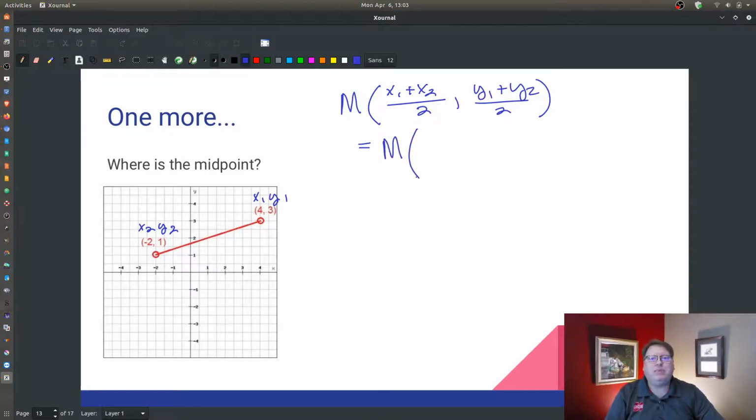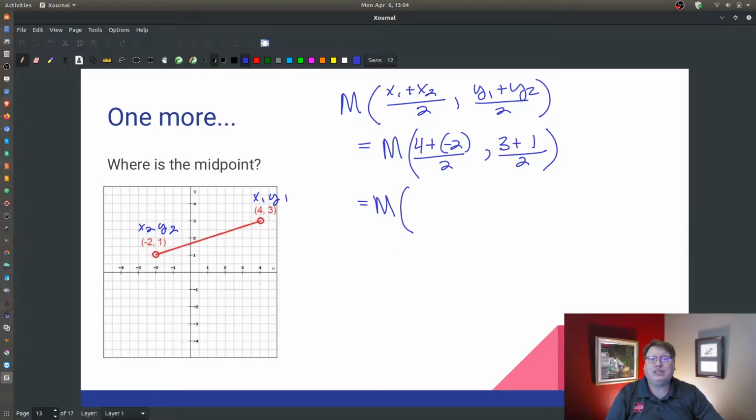So I have the midpoint. X sub 1 is 4 plus x sub 2 is a negative 2, and all that's divided by 2. And then my y coordinates, y1 is equal to 3 plus y sub 2 is equal to 1, and then divide by 2.